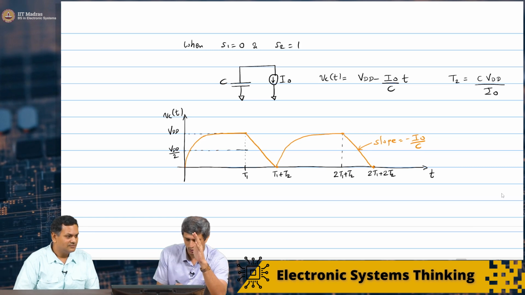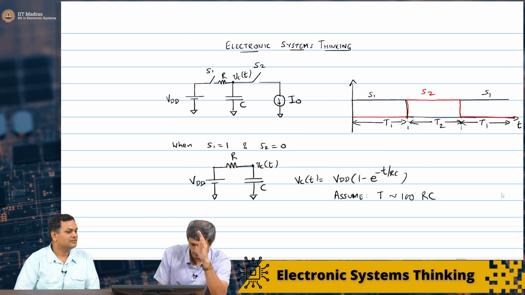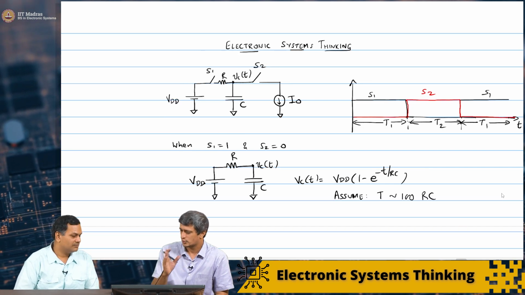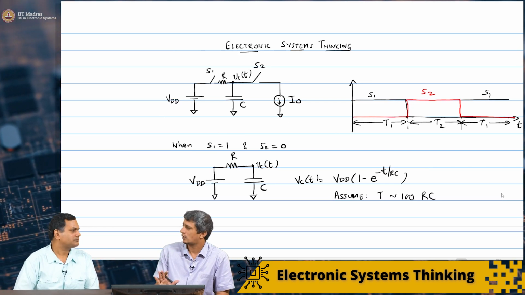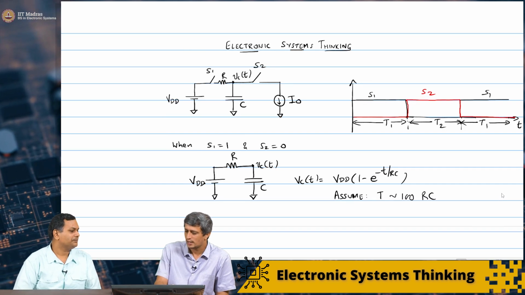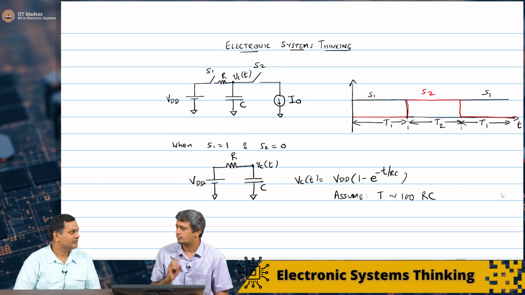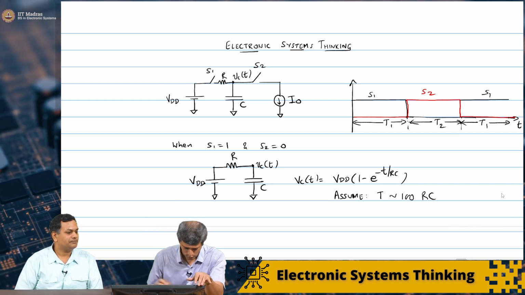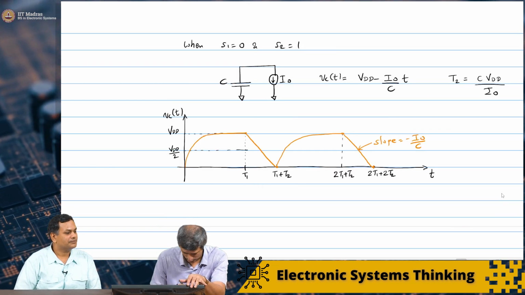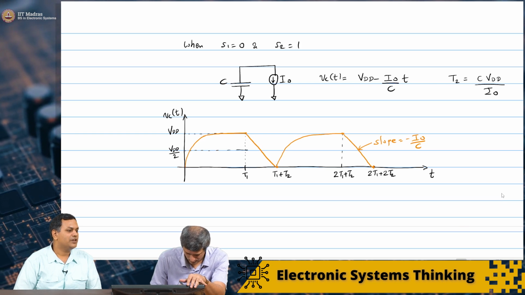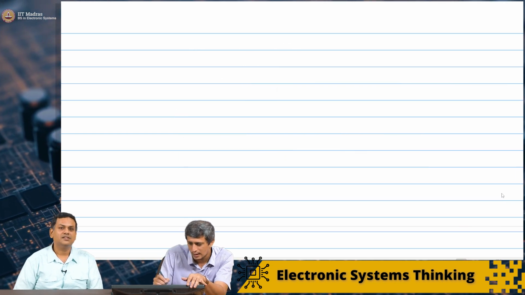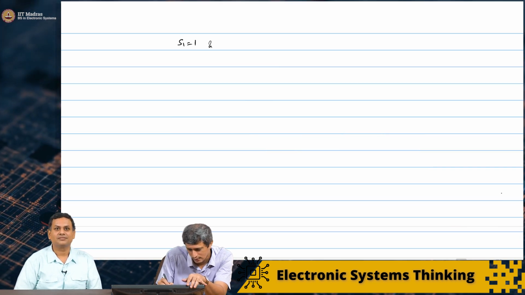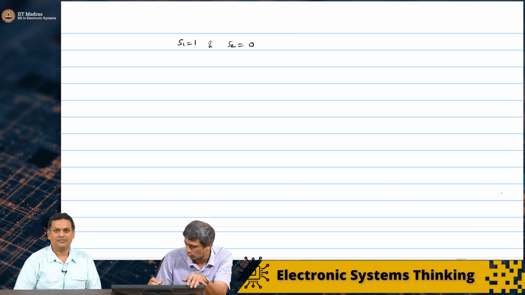In the initial part, S1 is closed and S2 is open. It's a first order RC circuit, so we know that the supply should simply deliver C VDD squared. So let's look at that part, during S1 equal to 1 and S2 equal to 0.